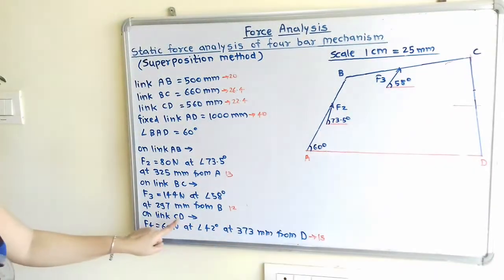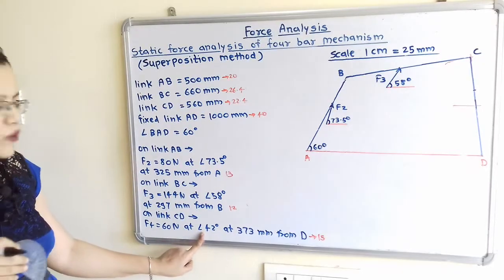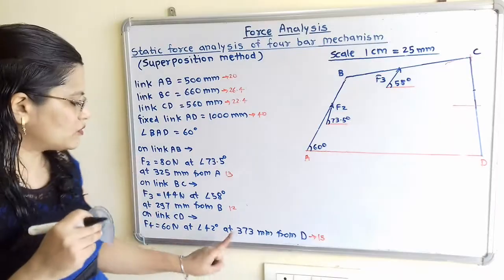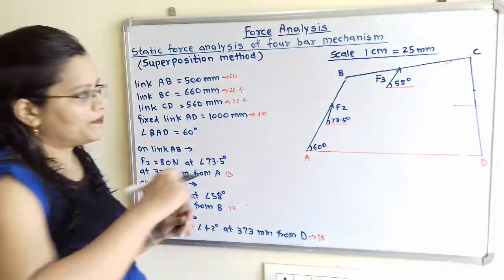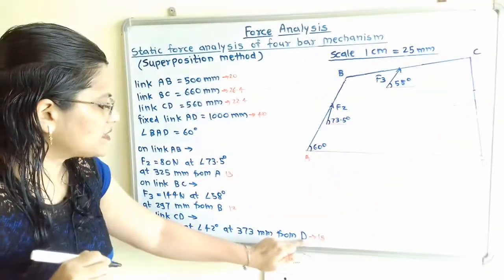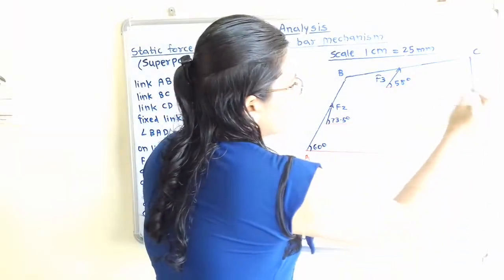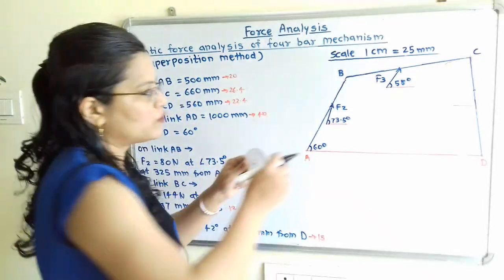Now for the next link CD, F4 is 60 Newton at angle 42 degree and 373 mm from this point. So 373 divided by 25, which is equal to 15 cm. So here we have to take the distance of 15 cm from this point D. So mark here one point, and at this point we will consider the angle of 42 degree.